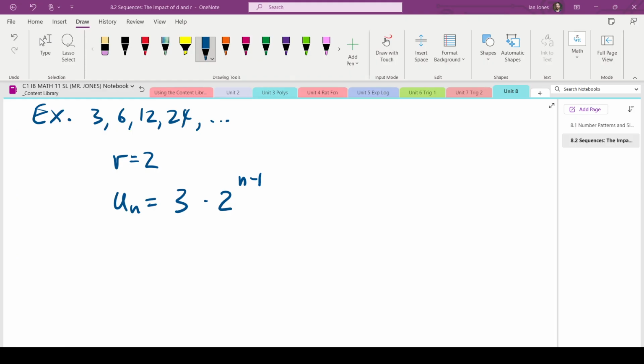Now, because the value of un is getting bigger and bigger and bigger as n gets bigger and bigger and bigger, we can write that the limit as n increases towards infinity of un, of the value of this, is in fact infinity. Okay, this is how we express in mathematical notation that un is growing without bound.